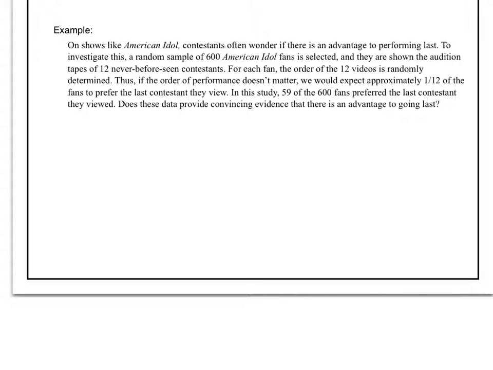So, first thing we need to look at is the hypotheses and the state. They don't give us an alpha level, so we'll use an alpha level of 0.05. And my null hypothesis is I'm going to assume there's no advantage. So that would be a proportion equal to 1/12.